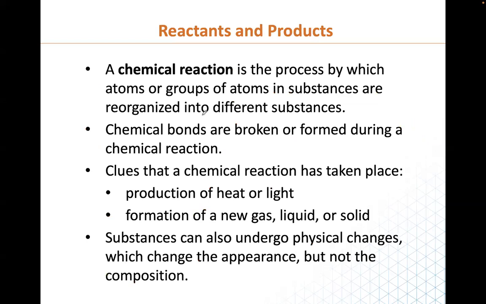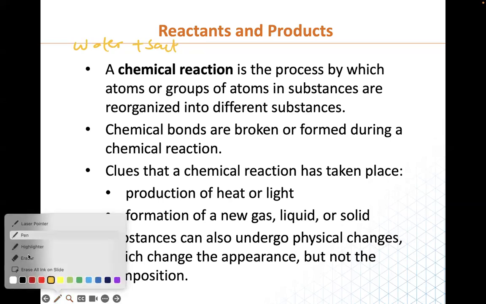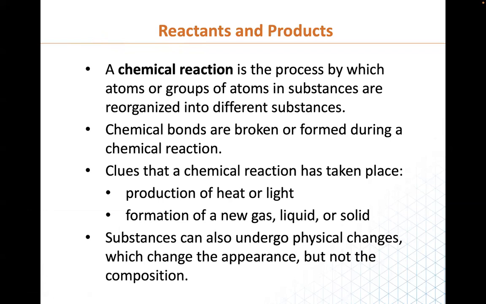A chemical reaction is a process by which atoms or groups of atoms in substances are reorganized into different substances. Let's use a normal chemical reaction, where we mix magnesium plus chlorine to give us magnesium chloride.